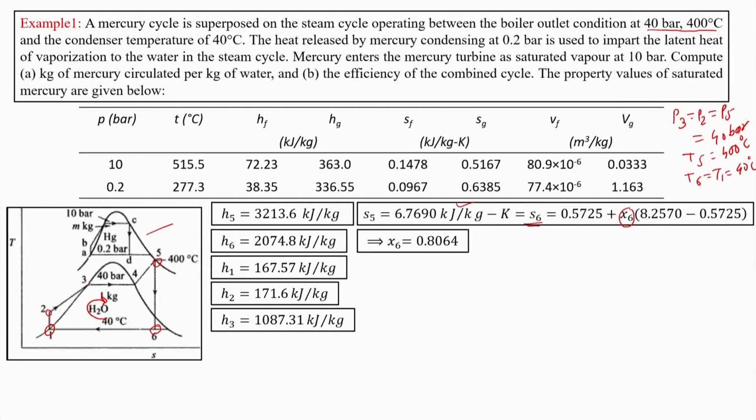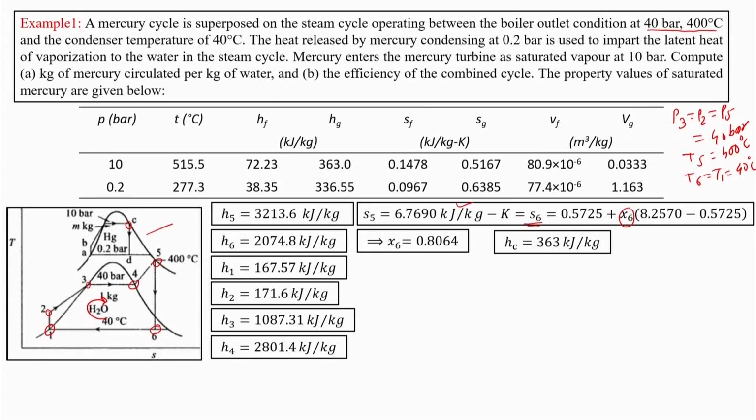Further, we want to know H3, since the heat exchange is given, which is latent. So H3 is equal to the saturation liquid enthalpy corresponding to 40 bar. This is known. Further, H4 is known, that is the saturation enthalpy of vapor corresponding to 40 bar. So we know HC.